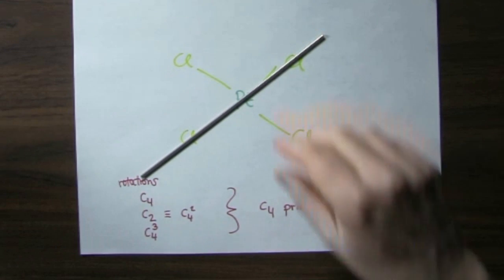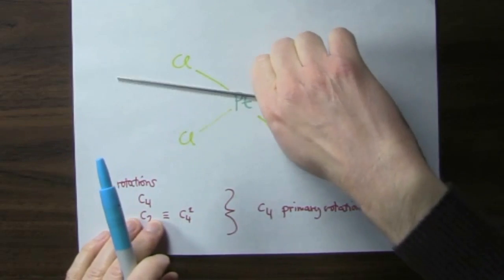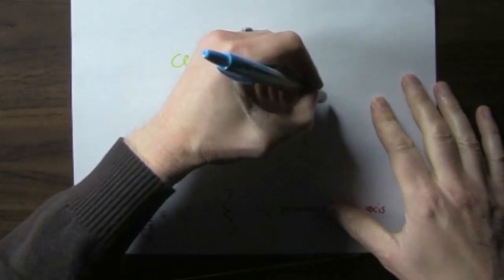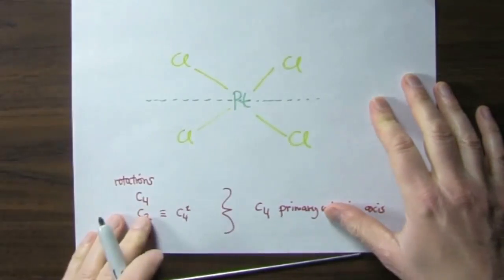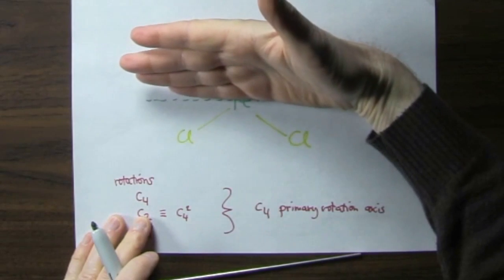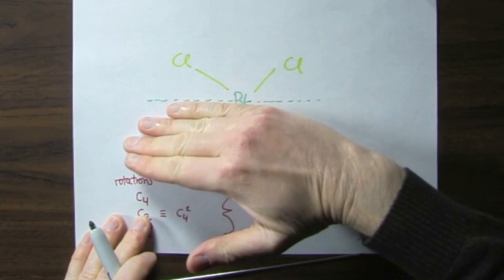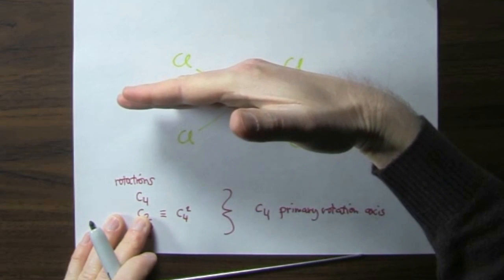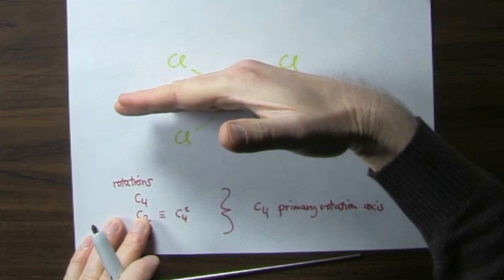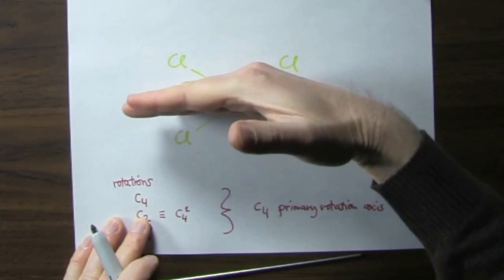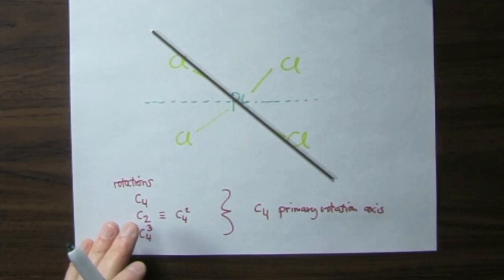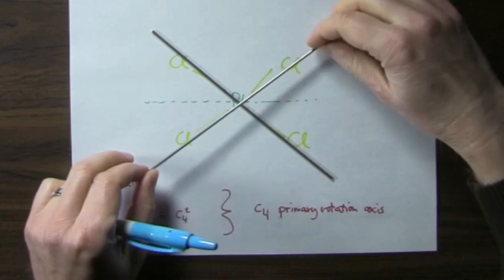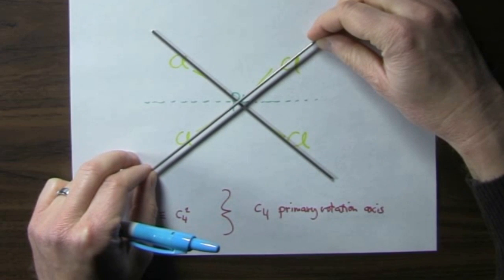So if I can imagine here, right through here is a mirror plane, because if I reflect the bottom half of the molecule, it looks like the top half of the molecule. When I do that reflection operation, it looks like I didn't move anything. So there's a mirror plane here that bisects these 2 C2 rotation axes.